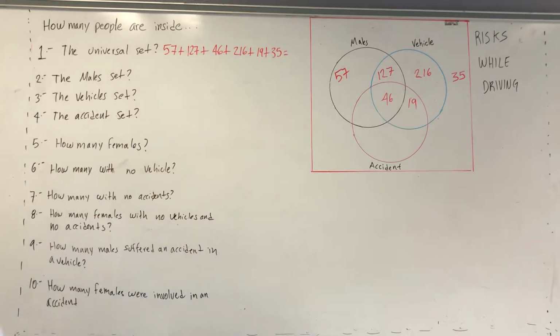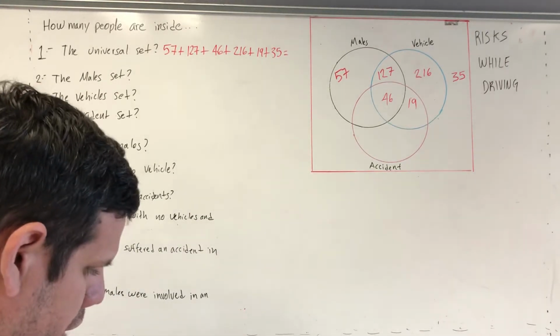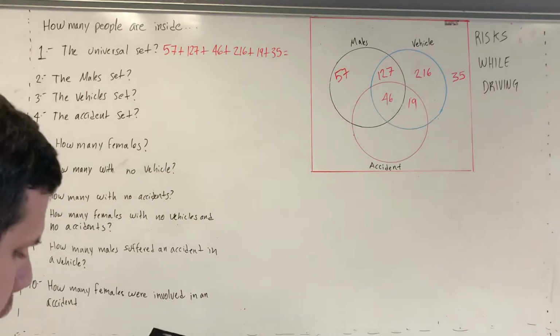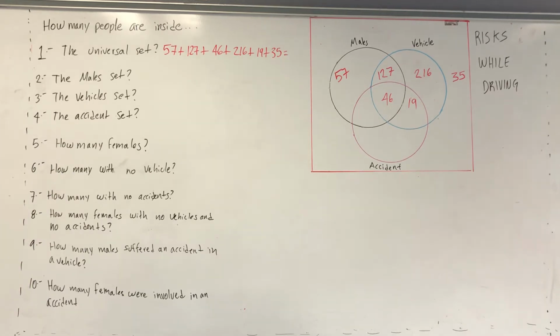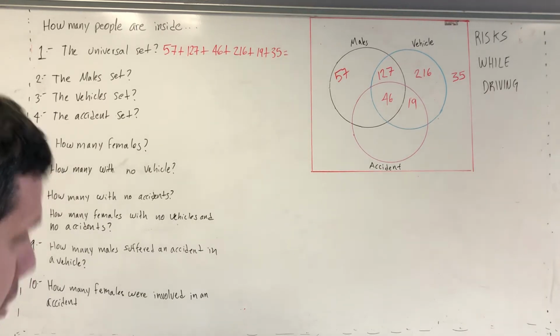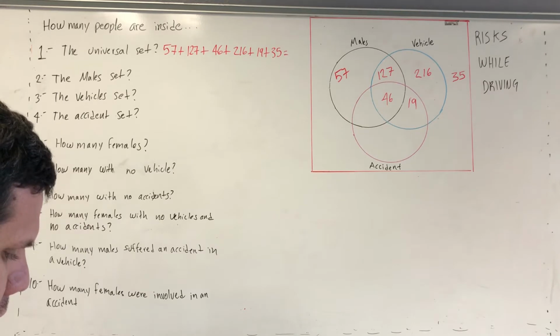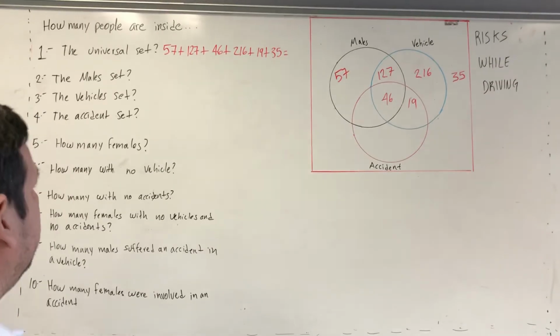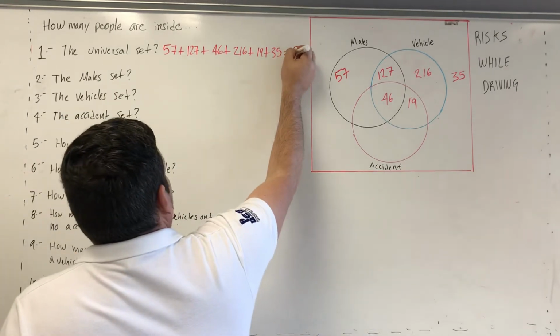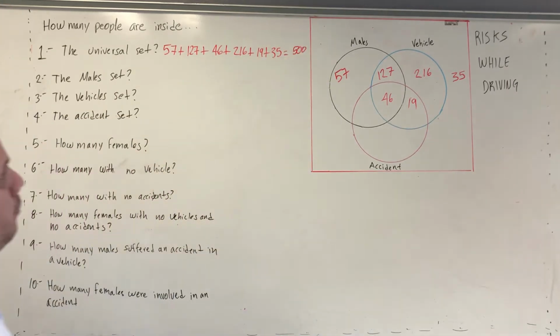Let's grab our calculators. You can use your calculator at home. The answer is 500. So the universal set contains 500 people.